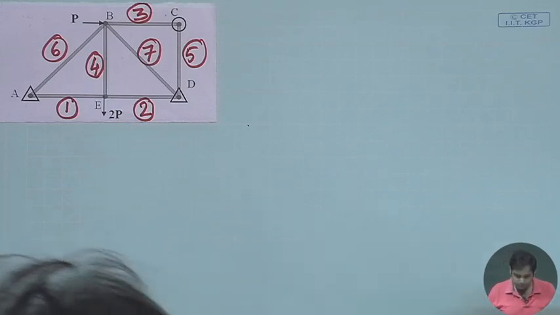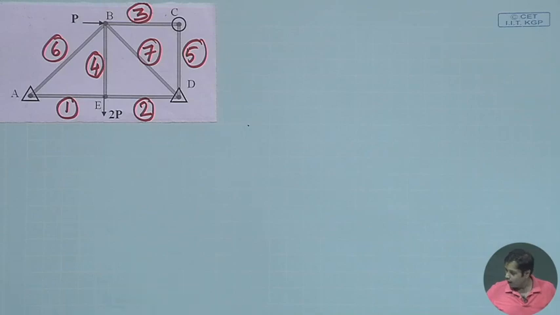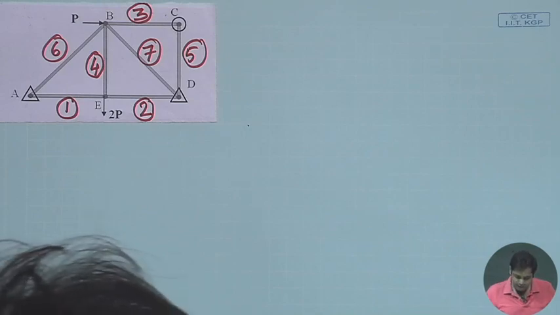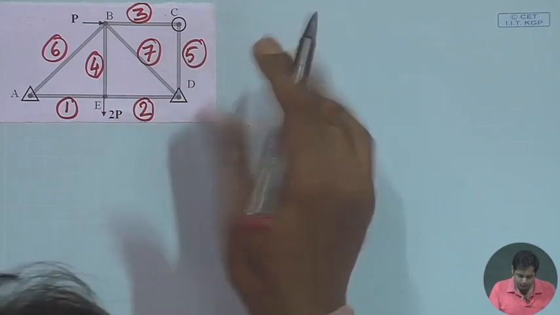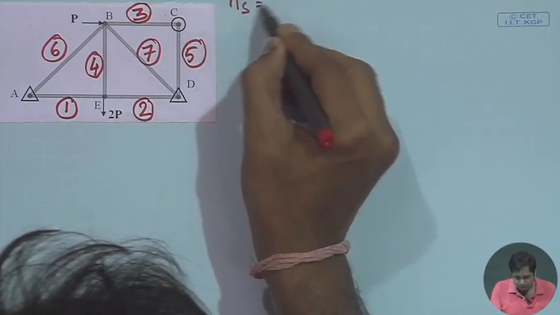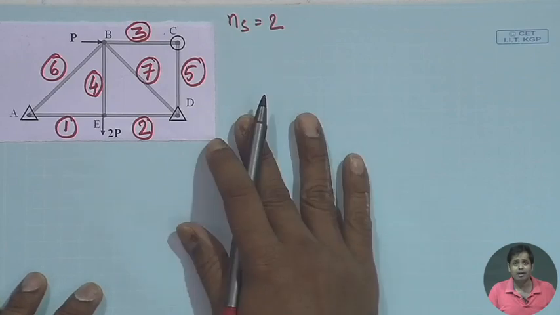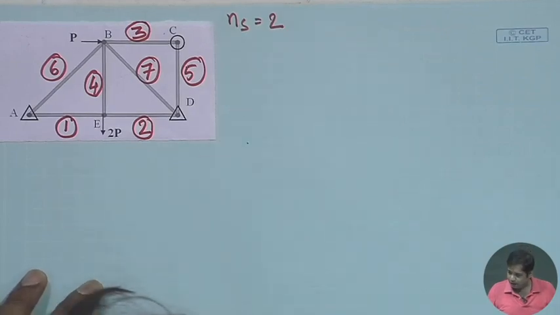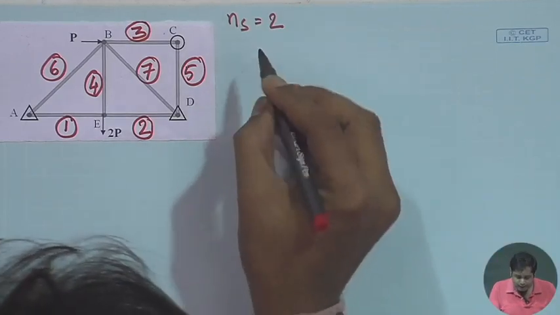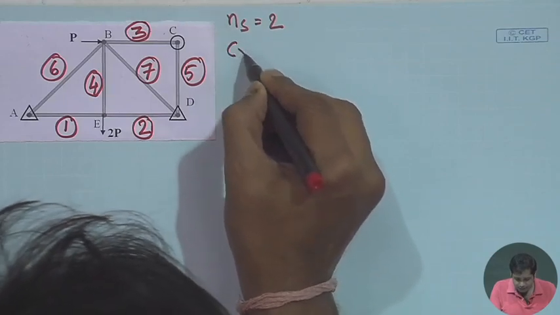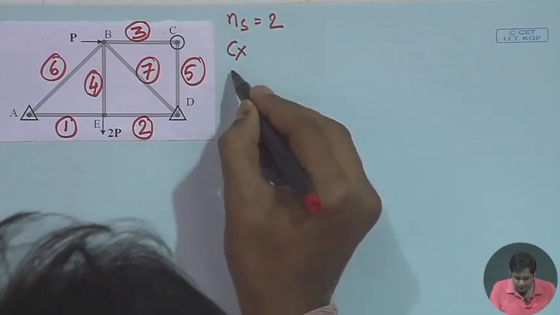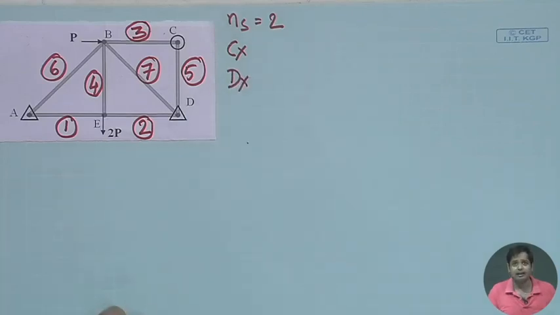Now, what we need to do next: here Ns is equal to 2, we have already seen. The redundant forces are, we have taken Cx as the redundant force and Dx as the redundant force.